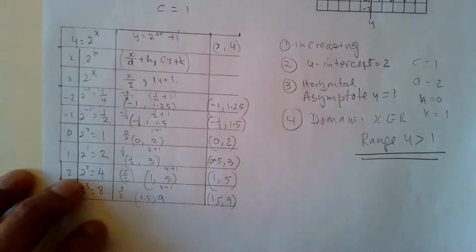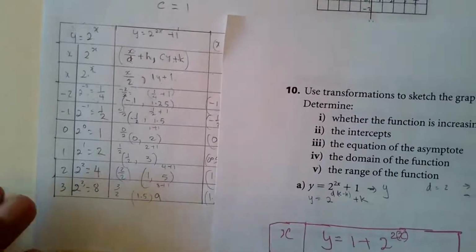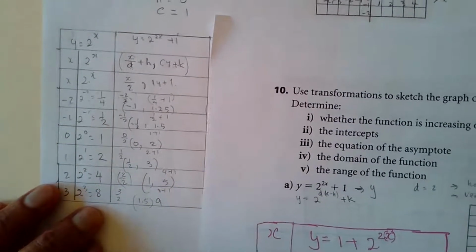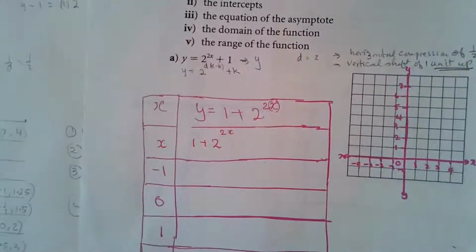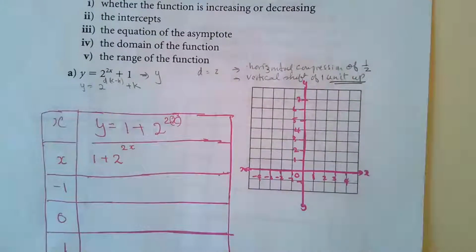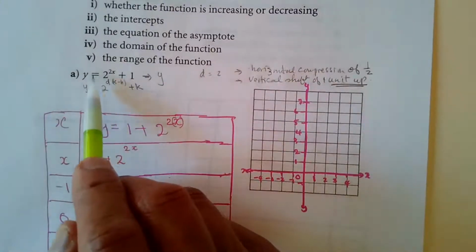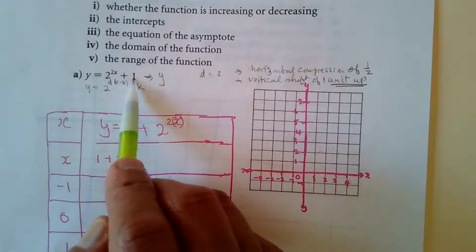So I'll keep this aside here, but here is an exact question I'll be going through. Just imagine we ignore what we did earlier. Then we go straight into y is equal to 2 to the power 2x plus 1.